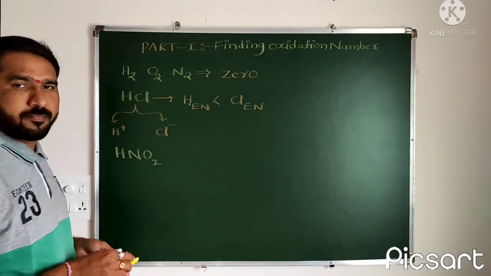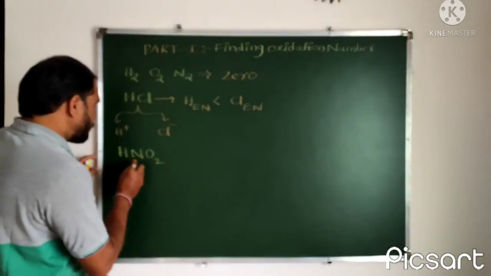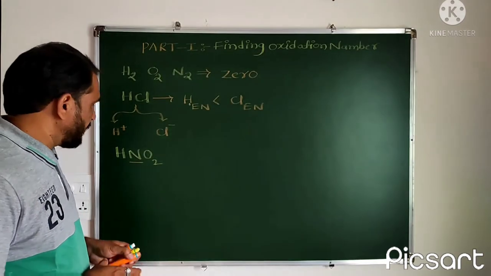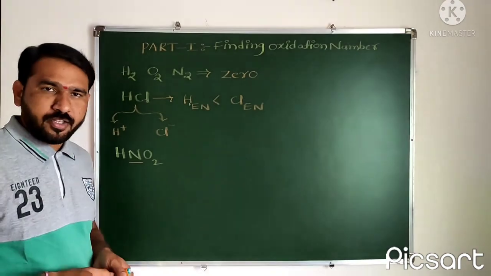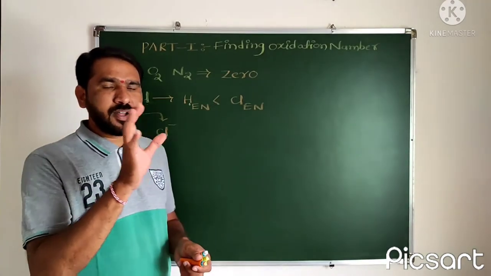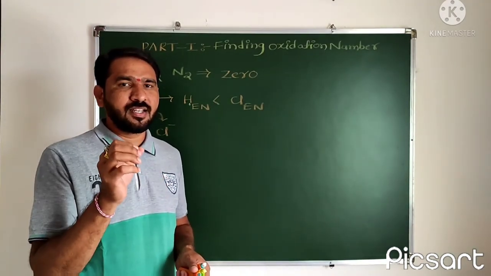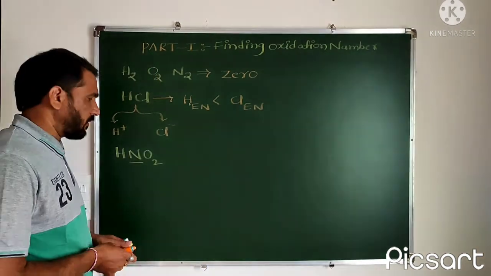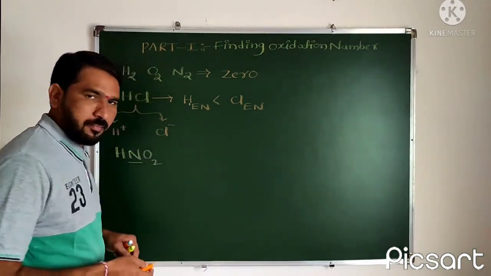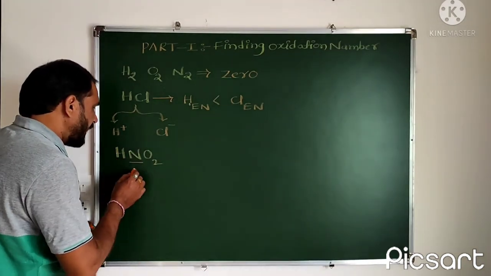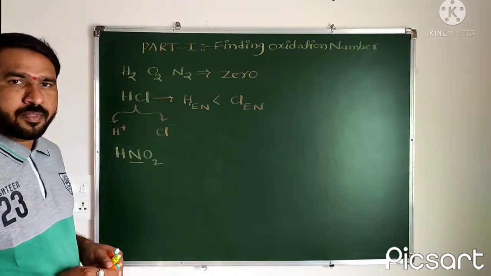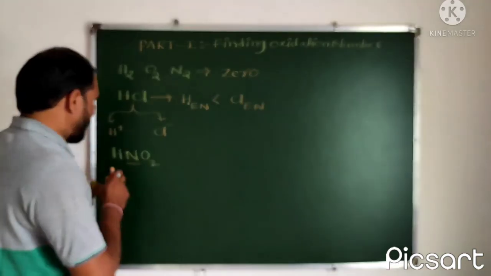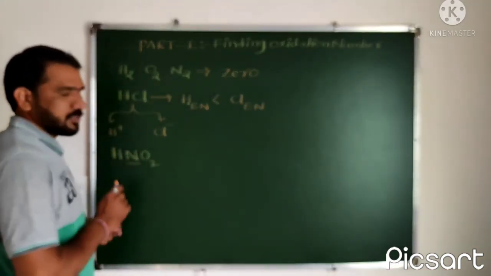HNO2, if you see, we need to find out the oxidation number of nitrogen. For a molecule like this, one simple formula is there, by which you will easily get the oxidation number of an atom present in the molecule. What is the formula? HNO2 has only 3 types of atoms: hydrogen, nitrogen, oxygen.